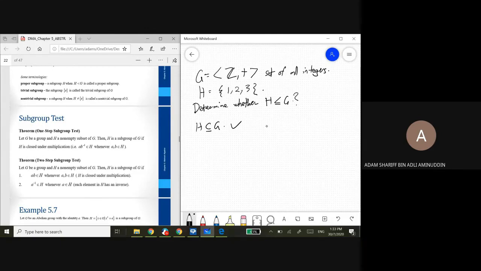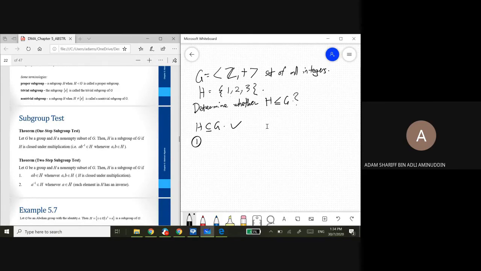Two step. Okay, two step subgroup test. Number 1, close tak? Okay, 1, 2, 3. Ni pun boleh guna Cayley table tapi saya tak nak guna. Tapi how to show that it not necessarily must use Cayley table for the case of a normal integer.